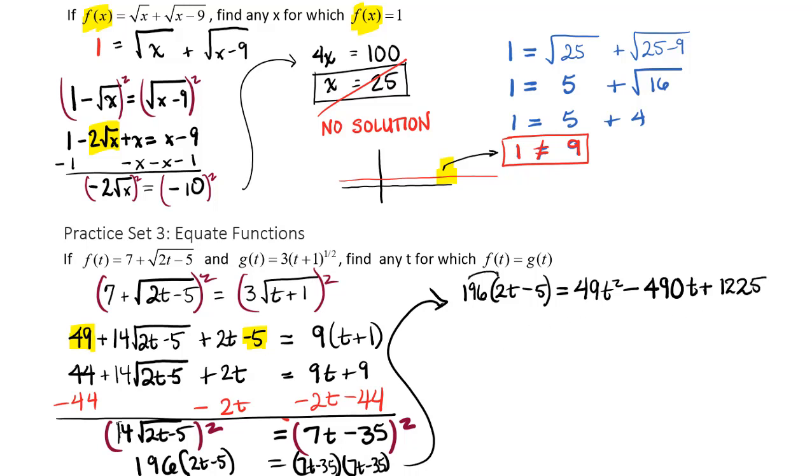Distributing the 196 through, I get 392t minus 5 times 196, which is equal to 990, and that's negative because of the negative 5.